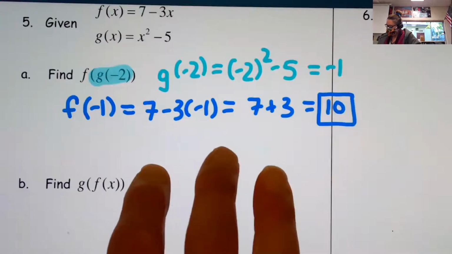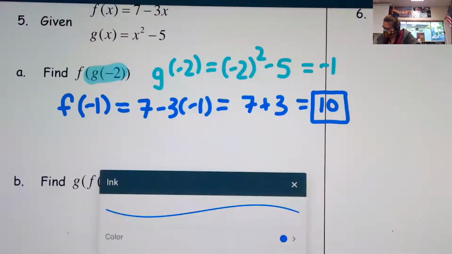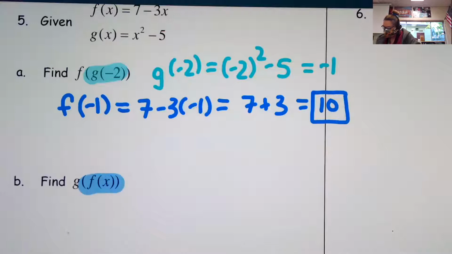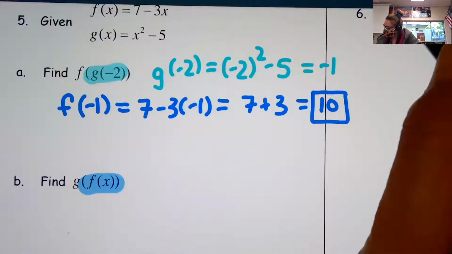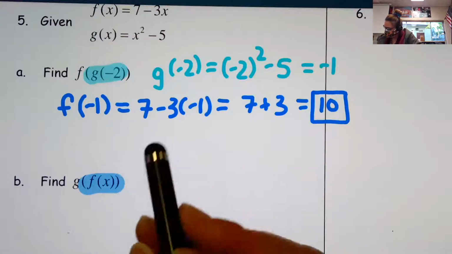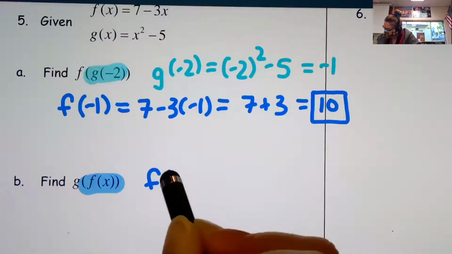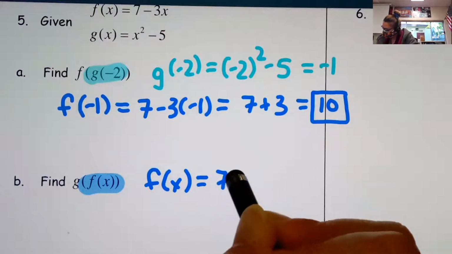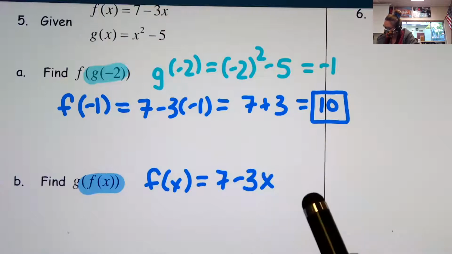Now for the next one, I am going to go through a similar process. I'm going to start with that part first. So I'm going to find my f of x, and I know my f of x. They gave me f of x, which is 7 minus 3x.